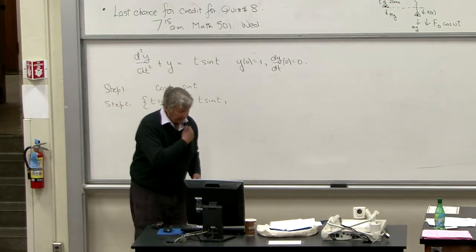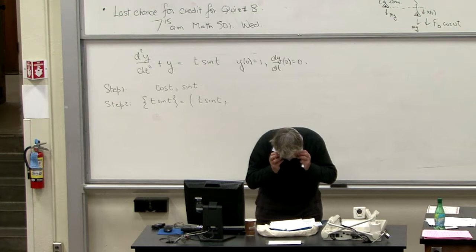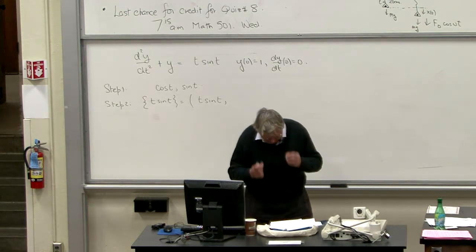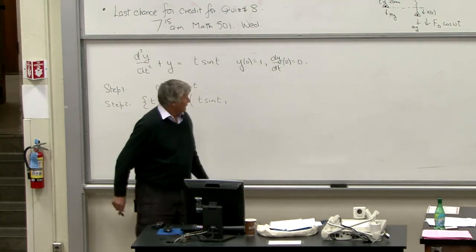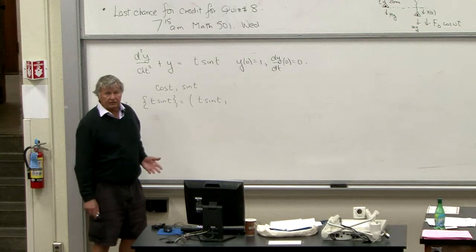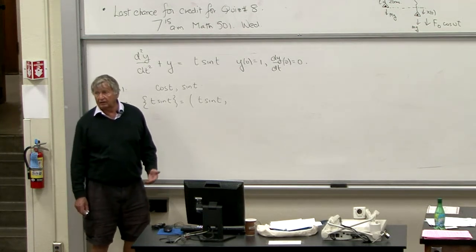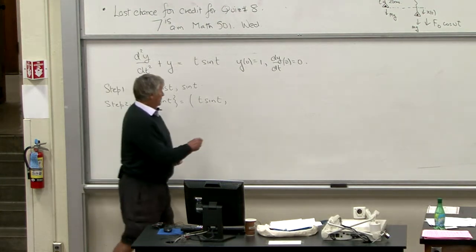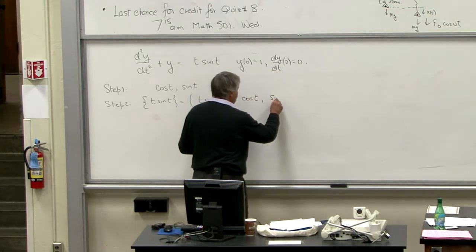So please do that and tell me what you get. Right, so t sine t, if I differentiate it, I'll get what? T cos t plus sine t. So there I must have a t cos t in here, and I must have a sine t.